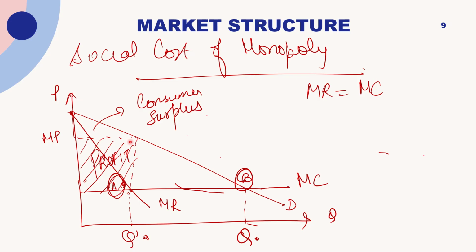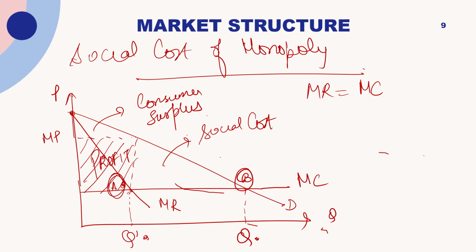Now, can you see this graph? What is this part? This part is known as dead weight loss or your social cost. Let's write that. Social cost. By social cost or dead weight loss, I mean that either the buying capacity is not there or the product is not worth it or we are going into a loss.